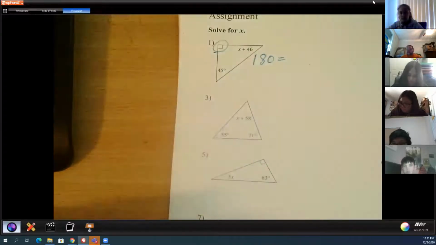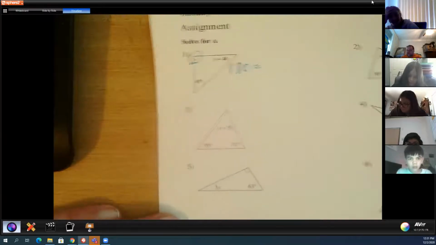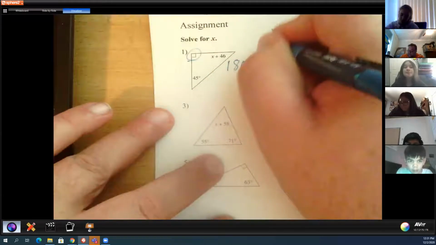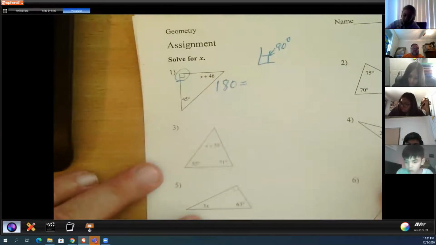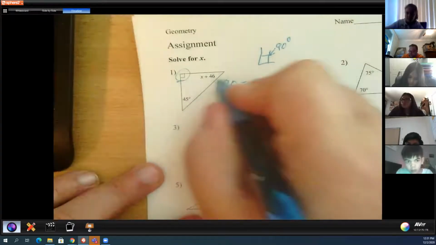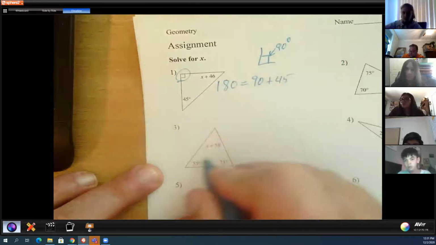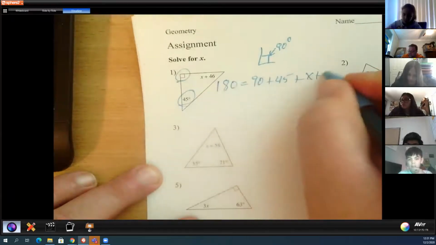No, it's not 60. Oh, wait, sorry, it's the 90. It's 90, right? Any angle with that little square means 90 degrees, okay? So we're going to have 90 plus 45 plus x plus 46.